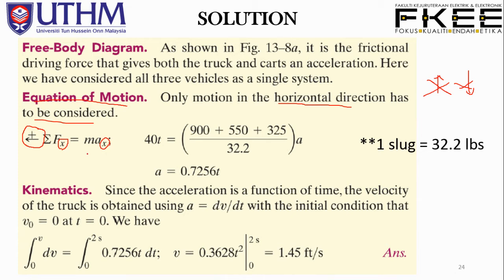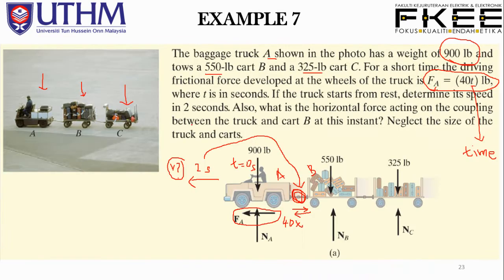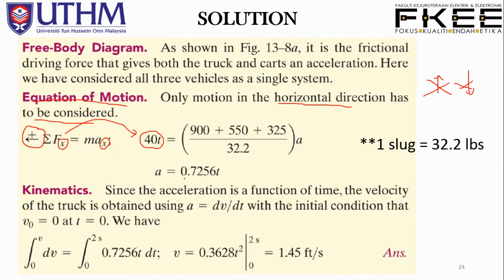So we have ΣF = ma, where F is 40t, the frictional force given in the equation here, F_F. F_F is 40t, moving to the left, the same direction as the truck, so it is positive for t.